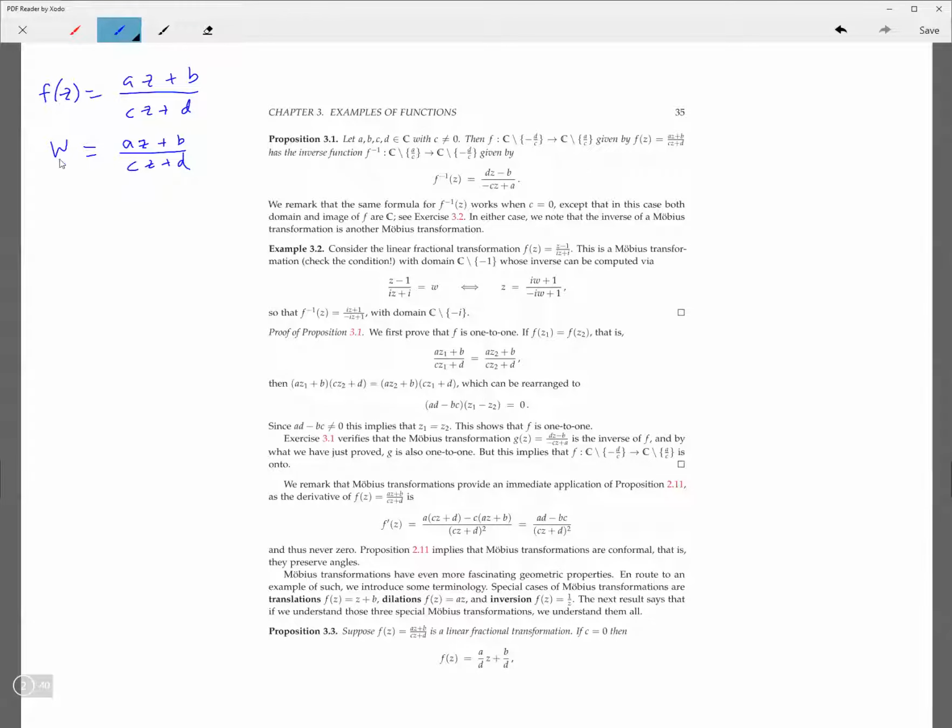And then the next thing, if you're dealing with x's and y's, is you reverse the x's and y's, right? But here you can reverse the z and the w. And then you solve for w. I think that probably every one of you has done this kind of thing with real numbers.